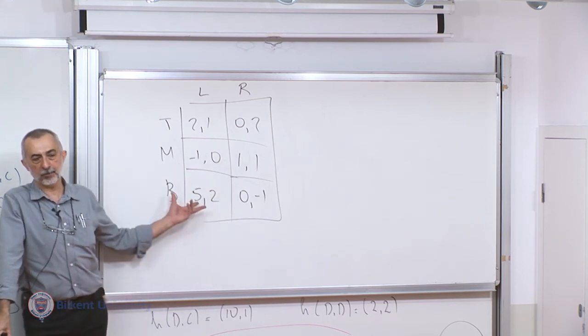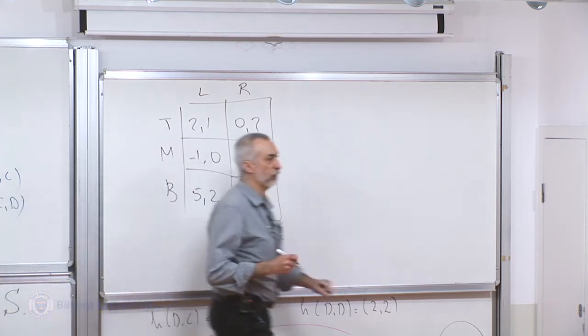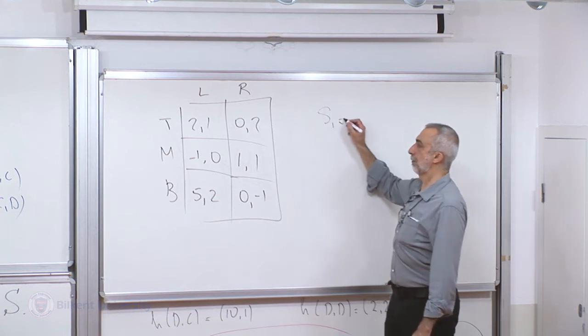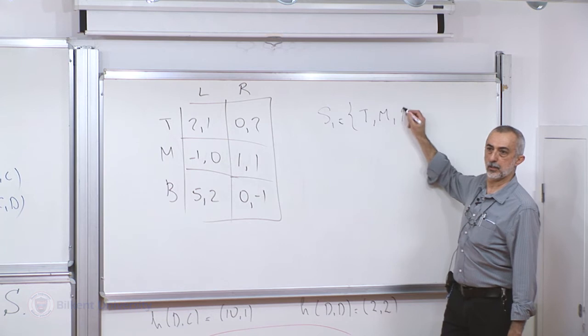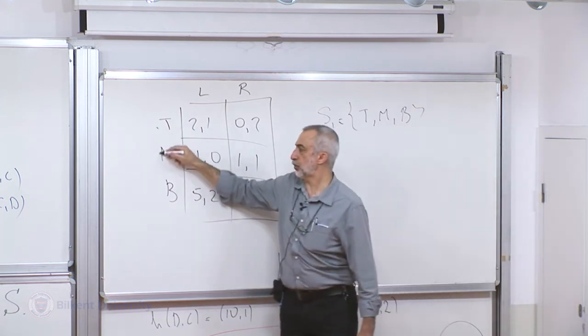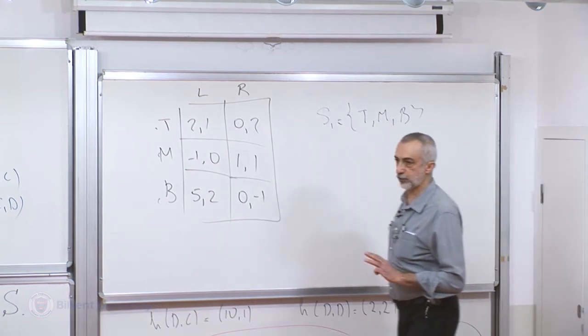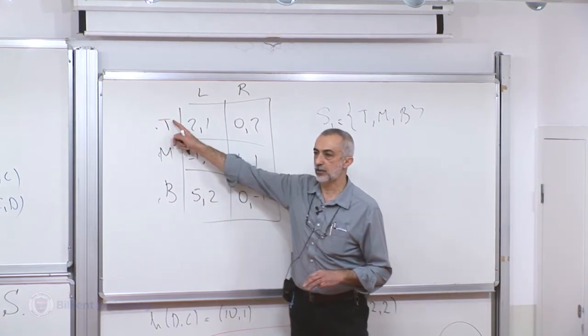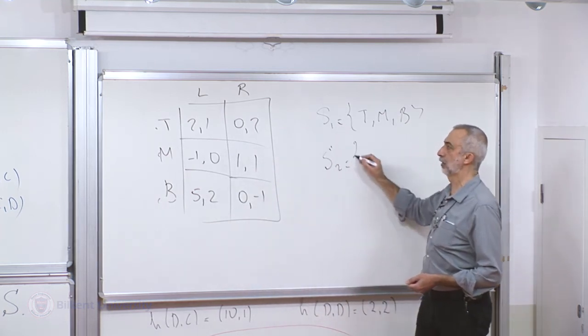First of all, how many players are there? There's only 2. What is the strategy set of player 1? It's T, M, B. The rows denote the strategies of player 1. There are 3 rows, which means that player 1 has 3 strategies, and they're labeled with T, M, and B. What about the strategy set of player 2?